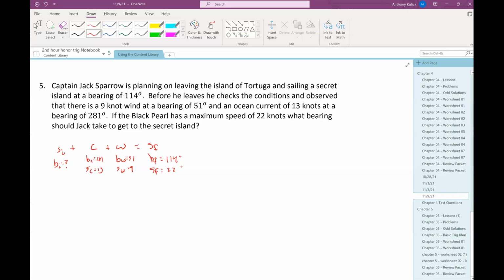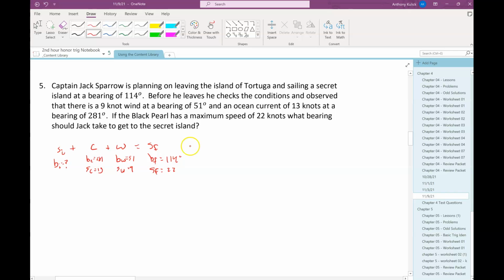Like, can I get here? Where should I actually aim my boat to end up where I want it to go when I got all this other stuff to contend with? Does that make sense?